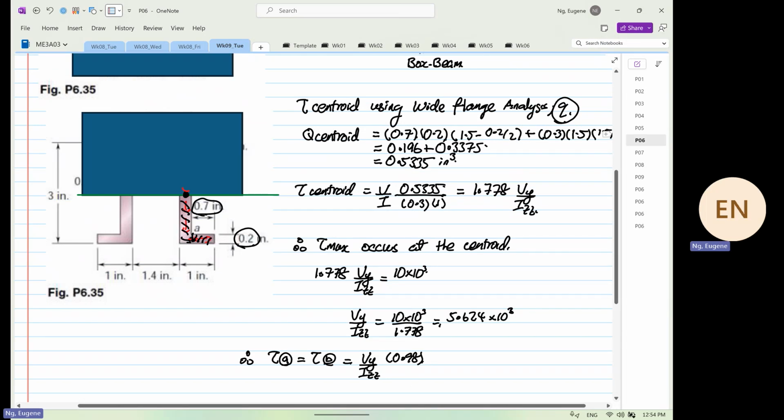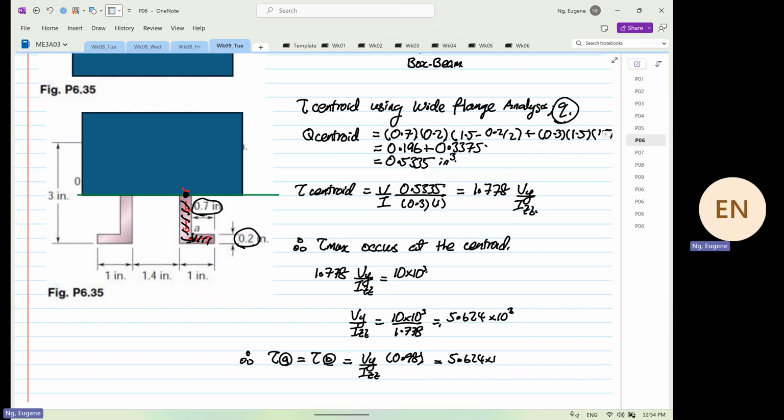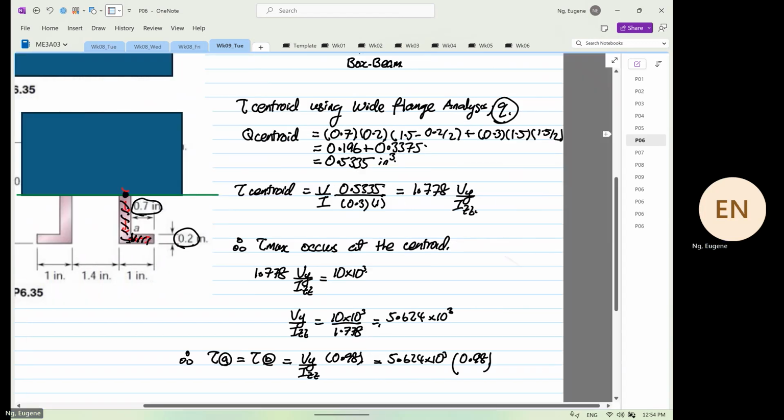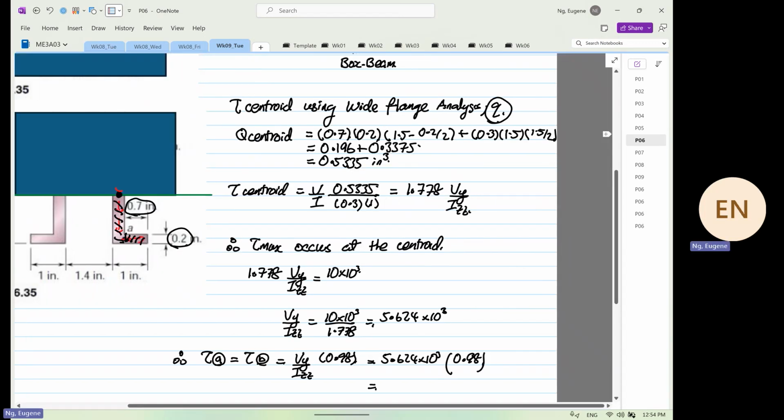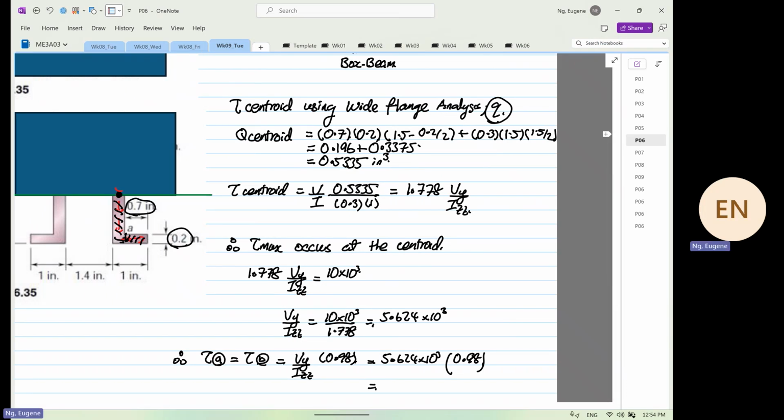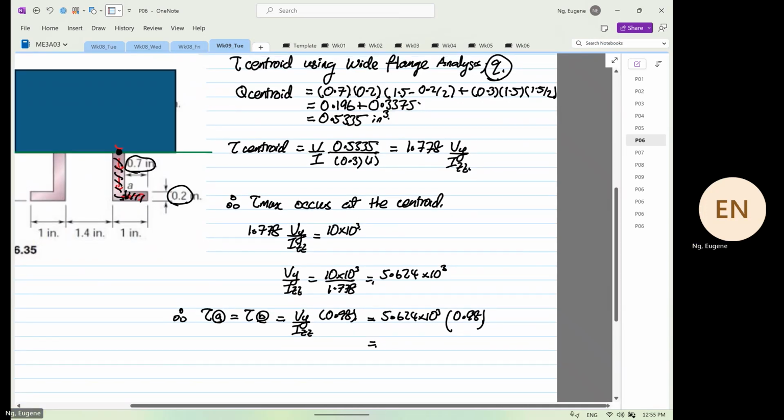So therefore, this will be equal to 5.624 times 10 to the power 3 multiplied by 0.98, which is equal to 5.512 times 10 to the power 3 PSI.